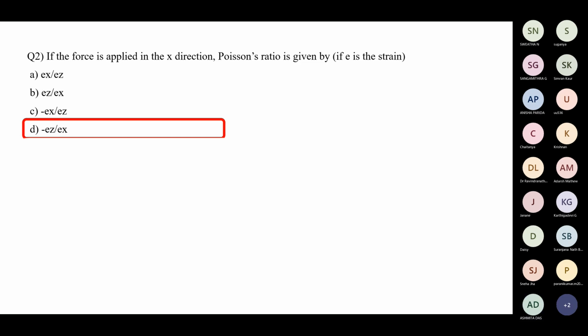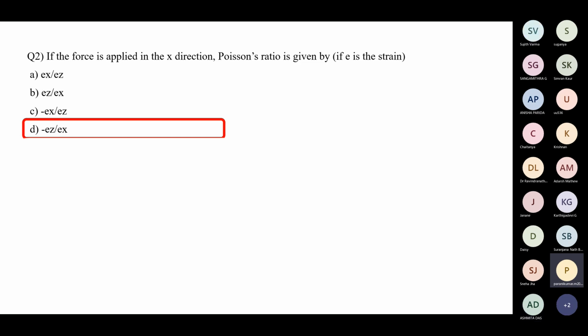Anyone else? Parani Kumar, can you please tell the answer? What is your answer?